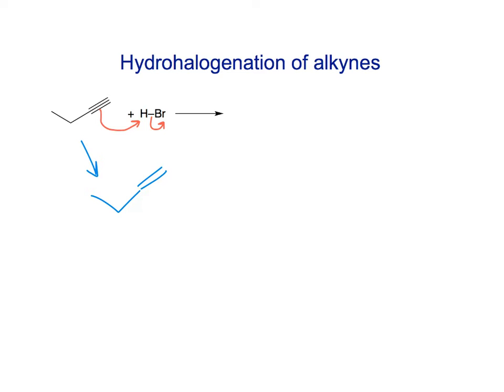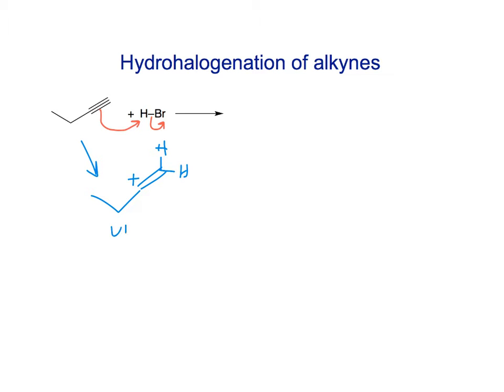Like with alkenes, the hydrohalogenation reaction of alkynes is an electrophilic addition reaction. The first step of this reaction, just like with alkenes, will be protonating the pi bond following Markovnikov's rule, which will give us a cation that looks like this. So this is a little bit different.